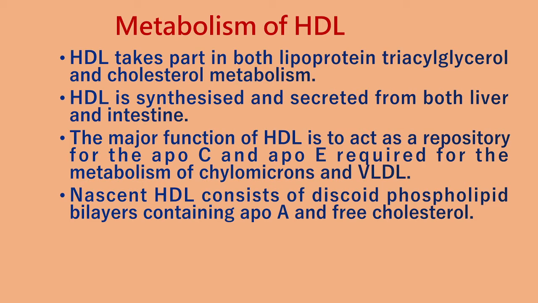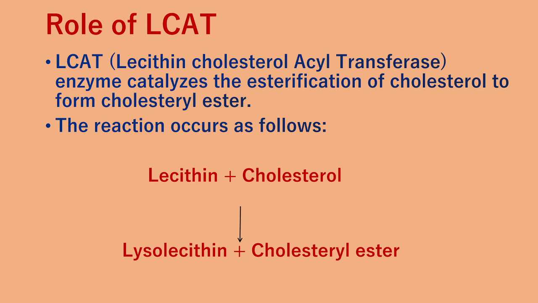This enzyme is also called lecithin cholesterol acyl transferase, LCAT, which helps to transport cholesterol in the HDL to the liver, where cholesterol is catabolized for its excretion outside the body.